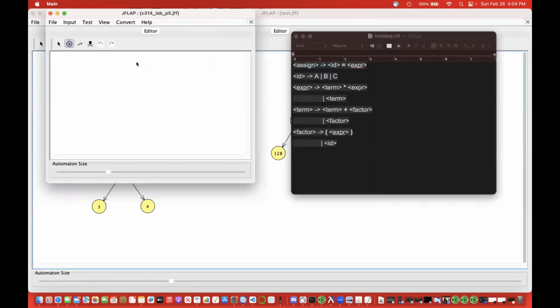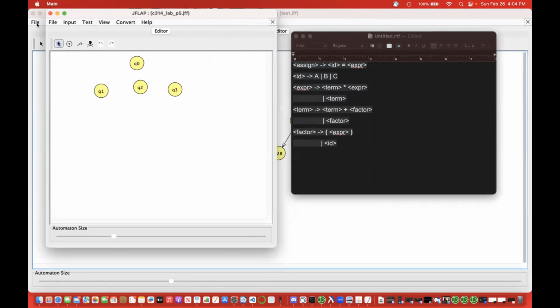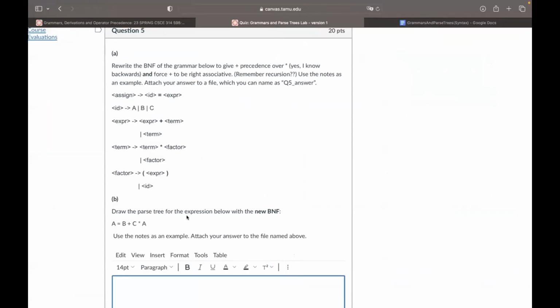Okay, so we can start with assign, and that goes to ID equals expression. Space these out a little better. Okay, assign, ID equals expression. And what are we trying to get again?